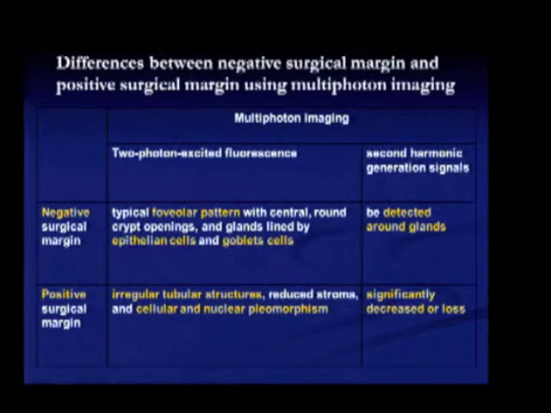And in positive margin is irregular tubular structure, reduced goblet cells, and cellular and nuclear polymorphism. In second harmonic signal, it can be detected along glands in negative surgical margin. And in positive surgical margin, there is significant decrease and loss.